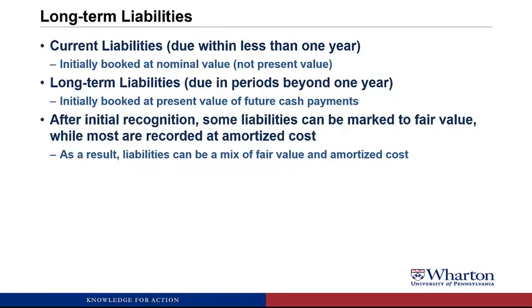After we record those long-term liabilities, in some cases, we continue to mark them to fair value, but in most cases that we'll talk about, they're recorded at something called amortized cost, which is you book the liability initially at present value, and then you may make adjustments based on interim cash payments or premiums or discounts, which we'll talk about later, but you don't mark it to fair value every period. So as a result, when you look at liabilities on a balance sheet, what you're oftentimes seeing is a mix of fair values and then these amortized costs, which are like old historical costs.